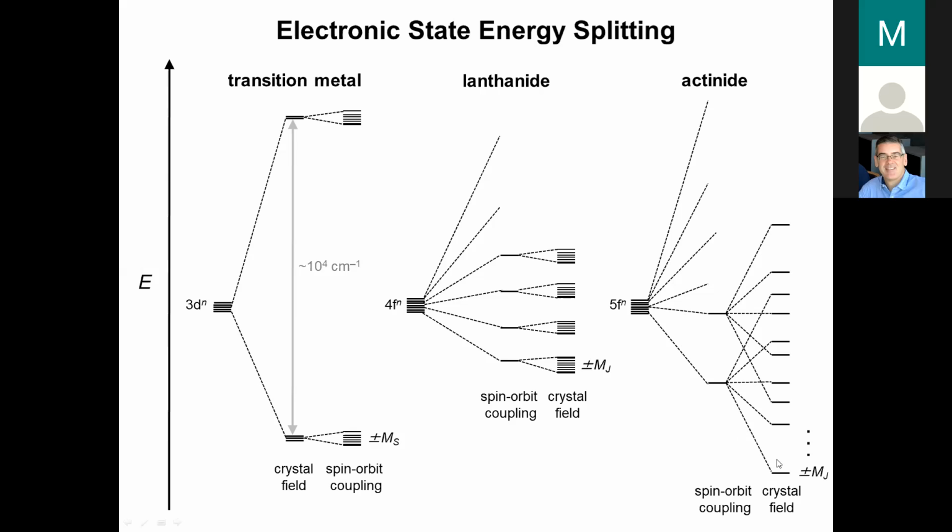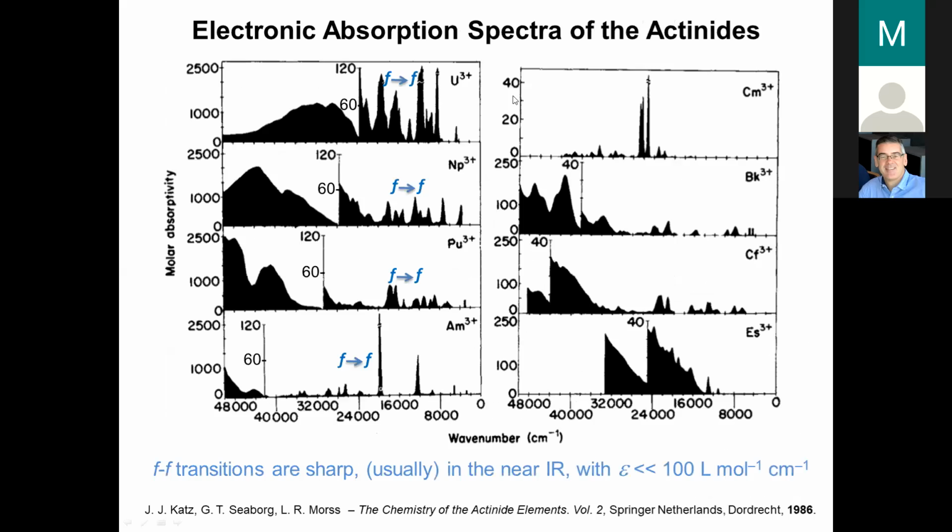So if you imagine one electron in the ground state of this complex, for example, you can excite into a whole variety of different accessible electronic f orbital states in so-called f-f transitions. And we want to look at those in electronic absorption spectra for the different actinides.